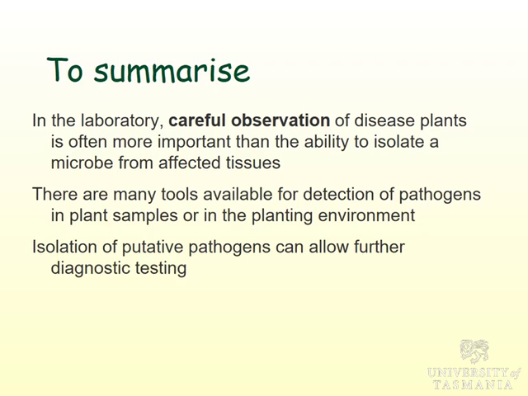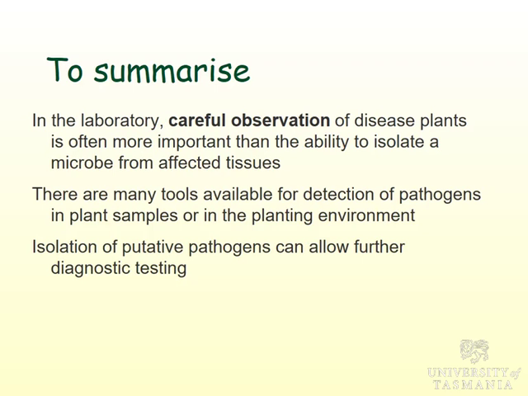But to summarise some of these lab tests, don't underestimate looking at the plant to start with. Look at the plant both macroscopically and microscopically, and try to find the presence of a possible pathogen. That'll at least give you the clue of what to try and isolate it from, what to do, or what subsequent test to use.